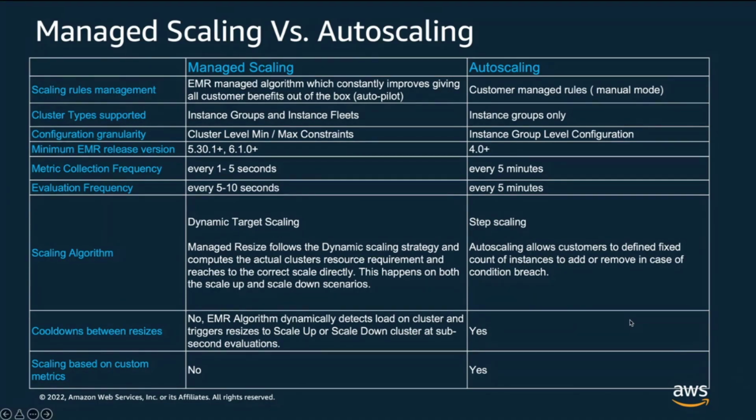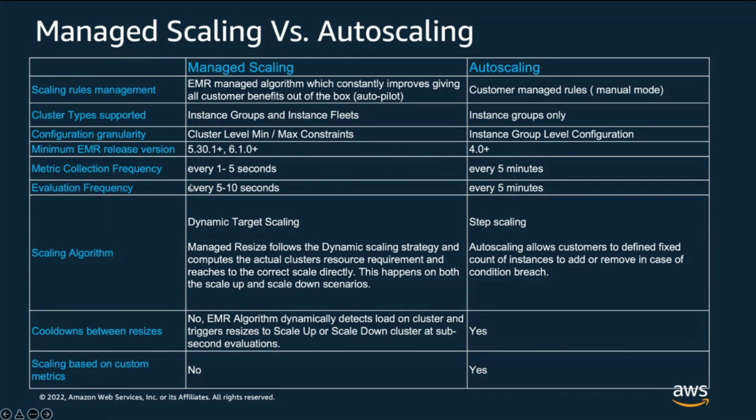Suppose I have a requirement of going with 5 nodes when a critical workload is going on, and whenever the workload is complete, I can have 2 nodes or so. So I can specify a minimum of 2 and a maximum of 5, and the rest is all taken care of by Amazon EMR itself. But in auto scaling, you need to define all the configurations and all the metrics. So you can utilize either of these options to have scaling.